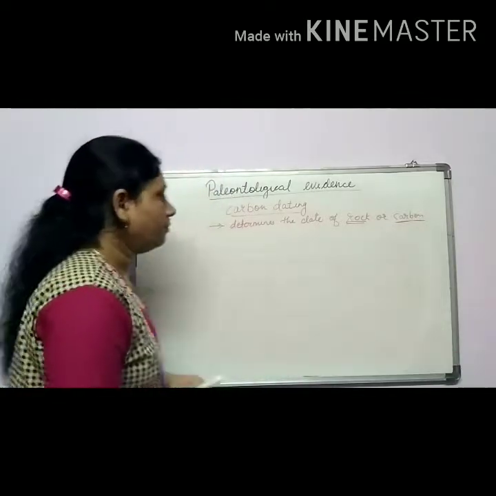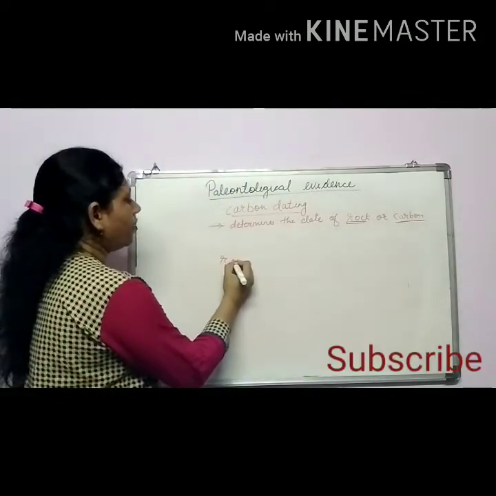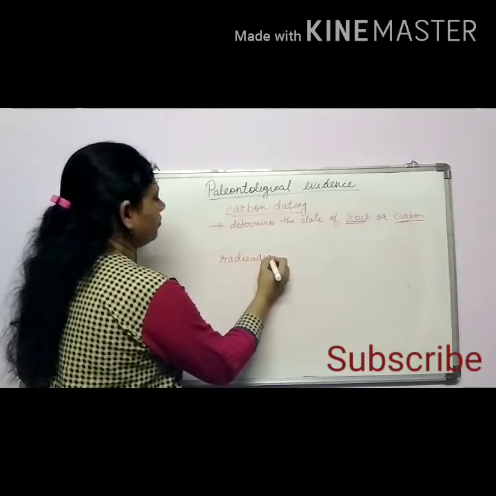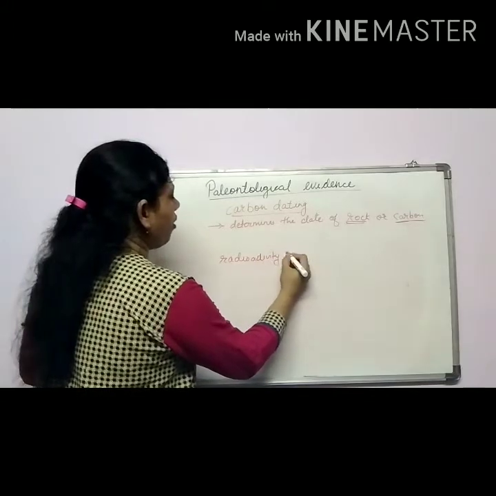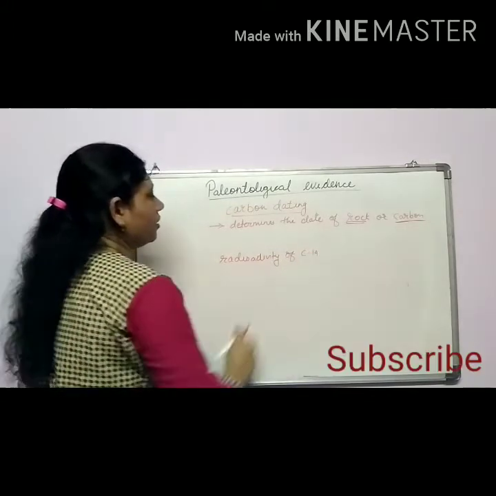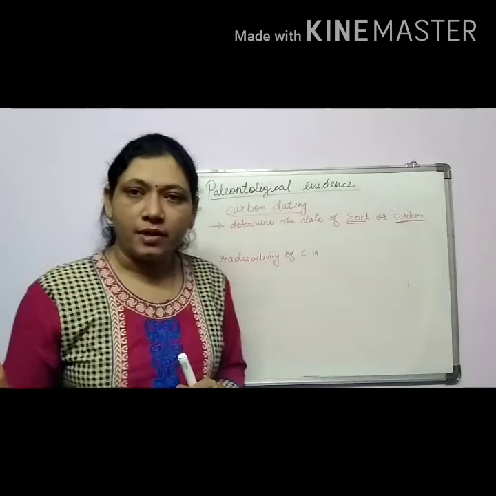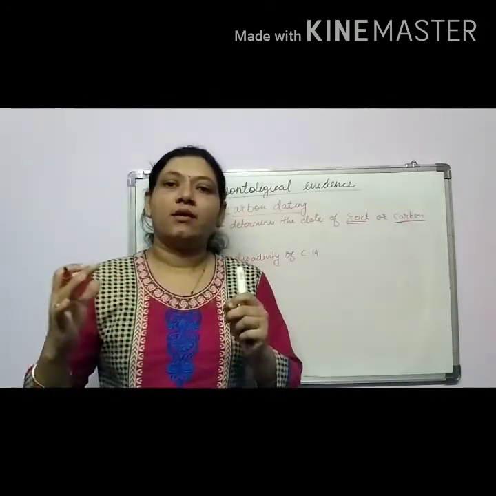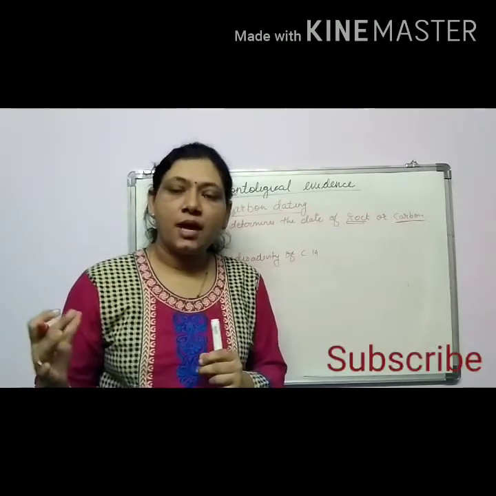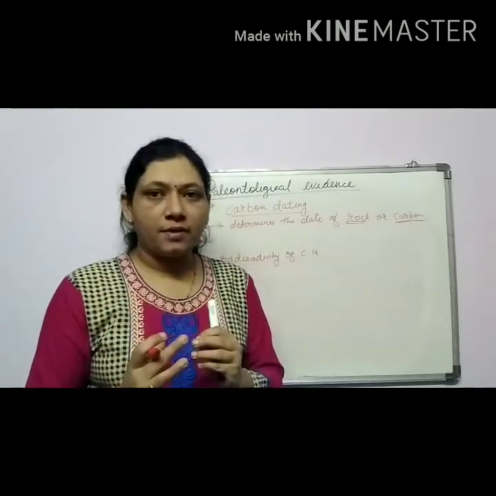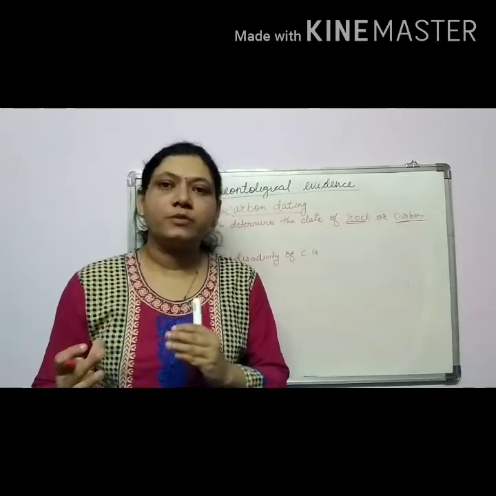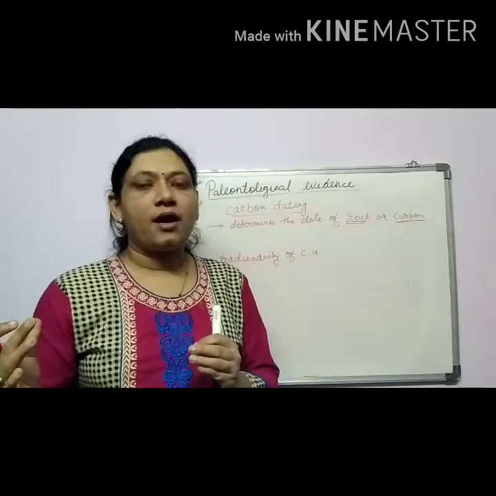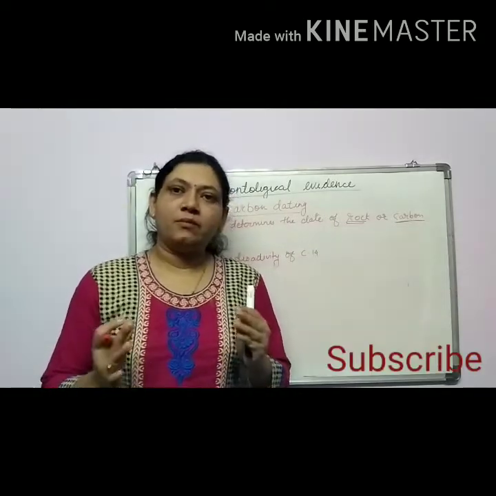Okay, so the radioactivity of carbon, or the isotopes of carbon which are formed when the atmospheric oxygen mixes with the carbon. At that time, isotopes are also formed, that is C12, C13. They are also formed by that process.